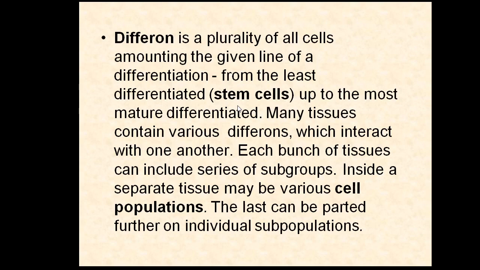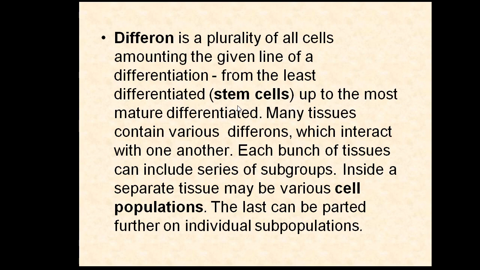And then step by step differentiation will follow determination of their genome. They will differentiate, perform their function, for example, like a cell of the liver or a cell of the muscle tissue, and then the cell becomes old.